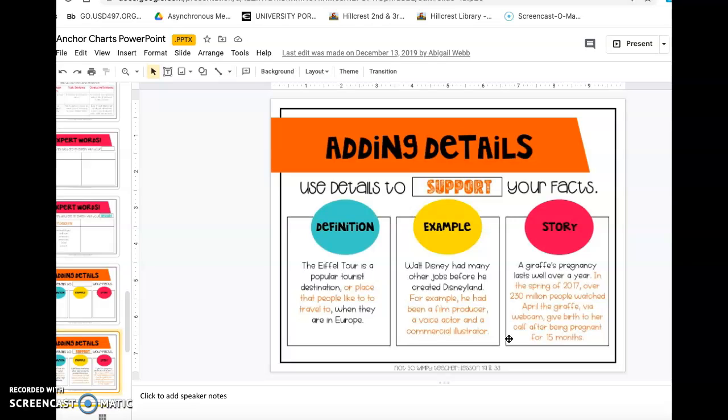So what you are going to do today is go back into your rough draft, read over it, and see what additional details you can add to support your facts to make your paper a little stronger and more detailed for the reader, which is me. So again, you're going to reread your masterpiece paper, add additional details to support and explain your facts.